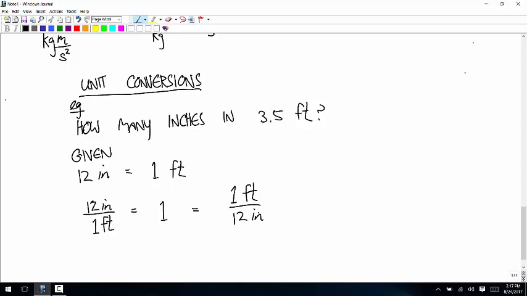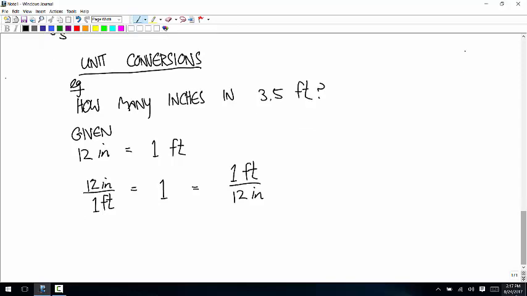And since we don't want to change the meaning of this, we just want to re-express it, we're going to take this original quantity that we're given and multiply it by one of these two versions of 1, so it stays the same, but we have it in a different set of units. So let's take 3.5 feet and multiply it by 12 inches divided by 1 foot.